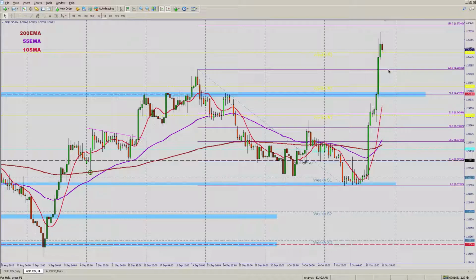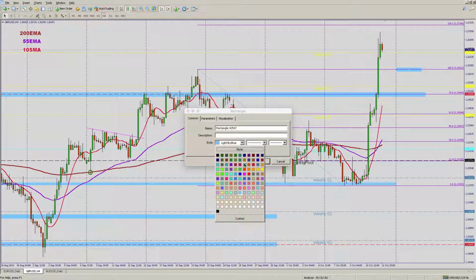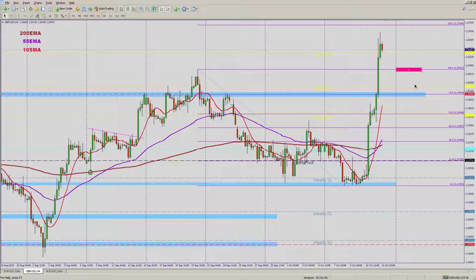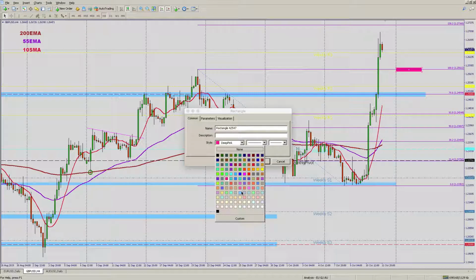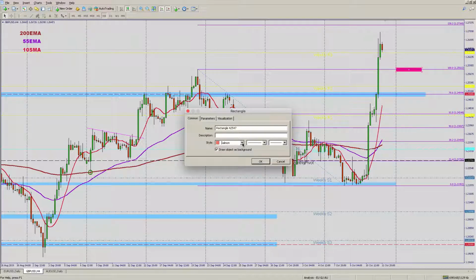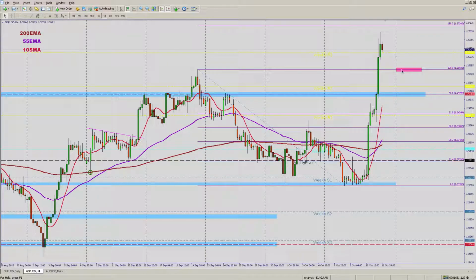And yes, we'll see whether there's potential intermediate support at the swing high that it broke up from. So let's make this pink. And we'll see whether that holds or whether it's going to take a deeper retracement back down to 125.